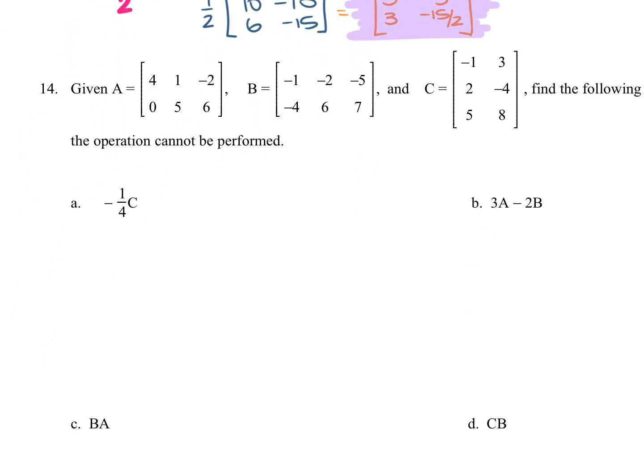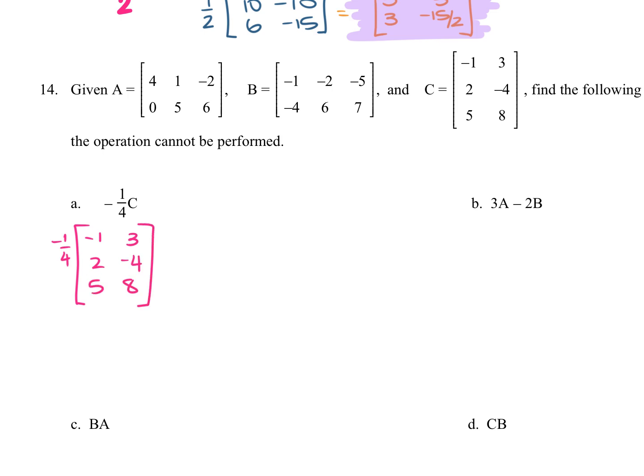For your next questions, we are going to work with A, B, and C and find each of the following. For A, we have negative 1/4 times C. So we're going to do negative 1 over 4 times the matrix of negative 1, 3, 2, negative 4, 5, 8. This is number 23 on your actual review, by the way.